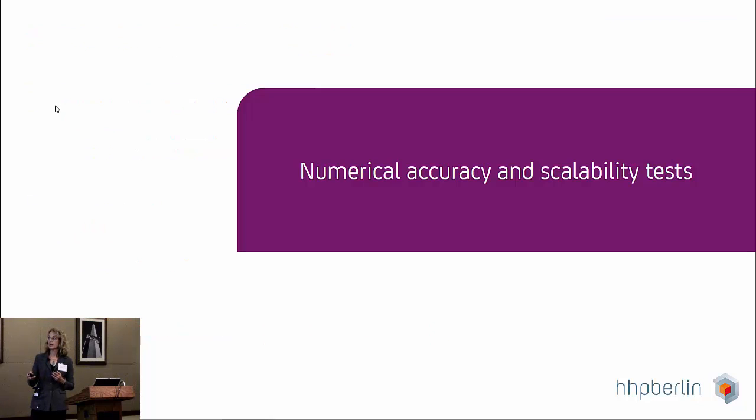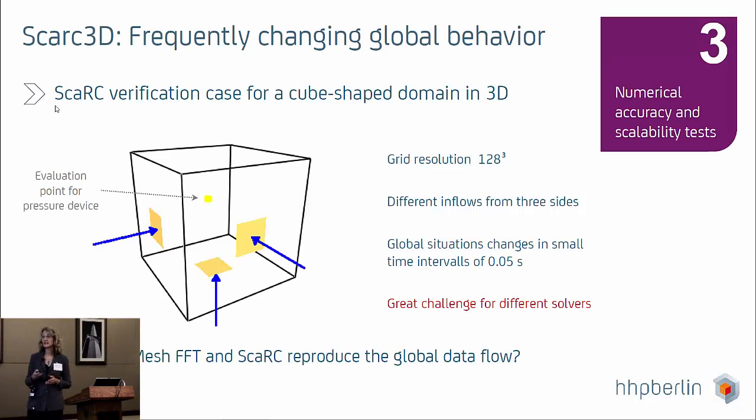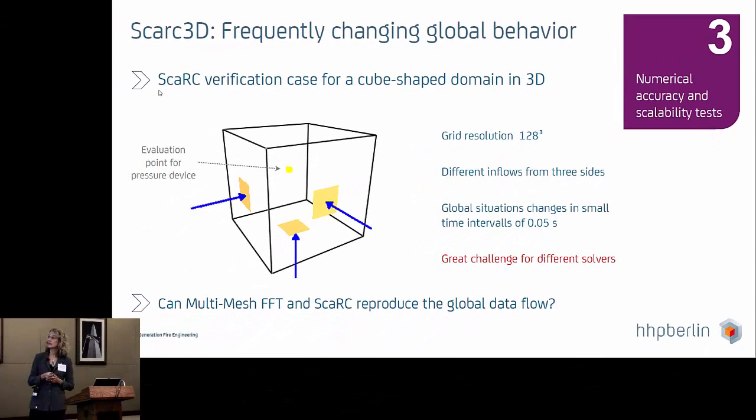Okay. Now we have all ingredients to perform some numerical tests. I will start with the test case ScaRC 3D, which is about frequently changing global behavior. It's just the generalization of the already existing test case ScaRC 2D, which is part of the verification directory.